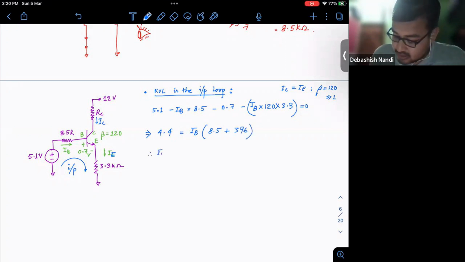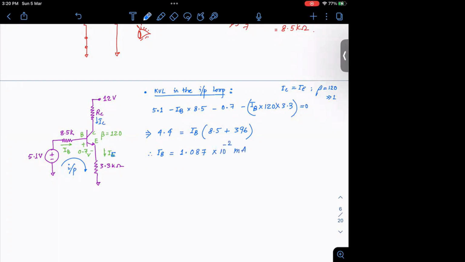So your IB becomes 4.4 over 8.5 plus 396, the answer is around 1.087 into 10 raised to minus 2 milliampere, right?